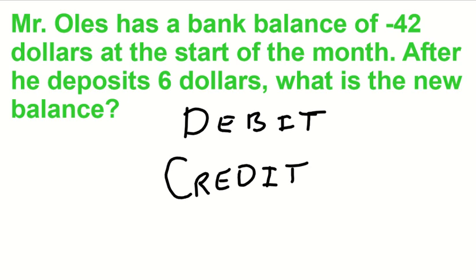You'll sometimes see these two words, debit and credit. If it's talking about a debit with your bank account, anybody know, is that money in or money out? A debit is money out. It's going to decrease. All right, so if you see a debit, that's a minus, okay?